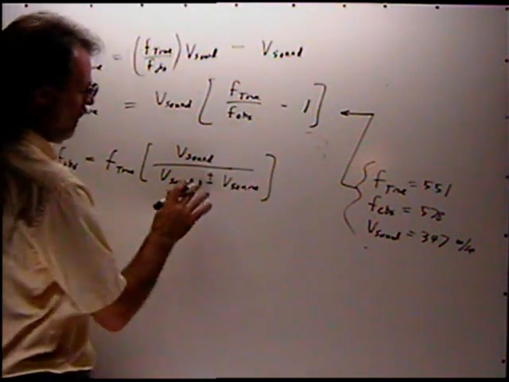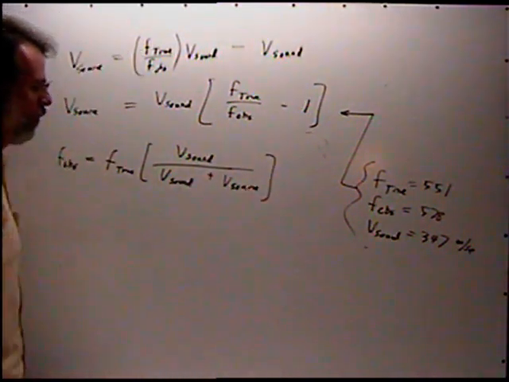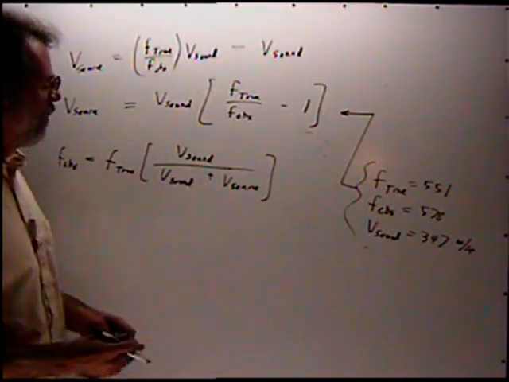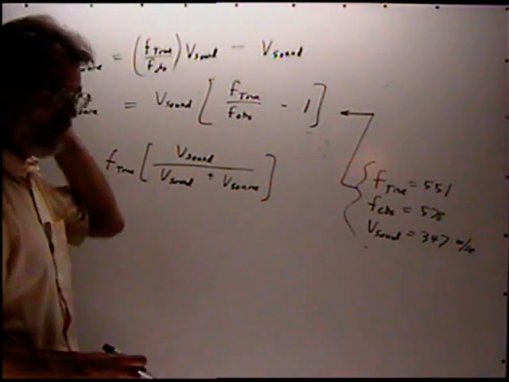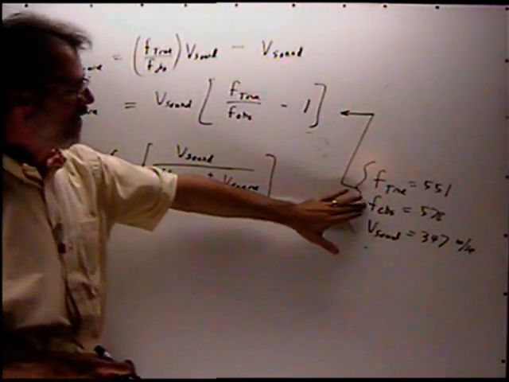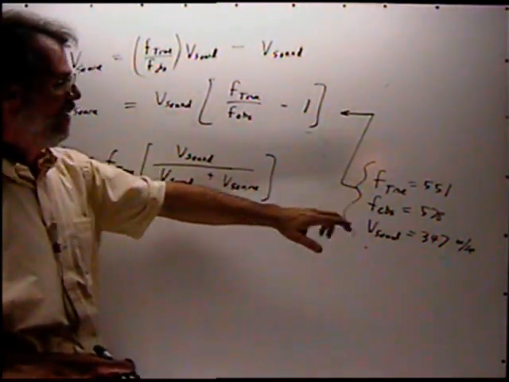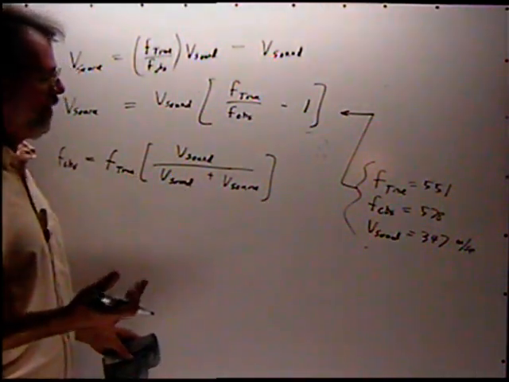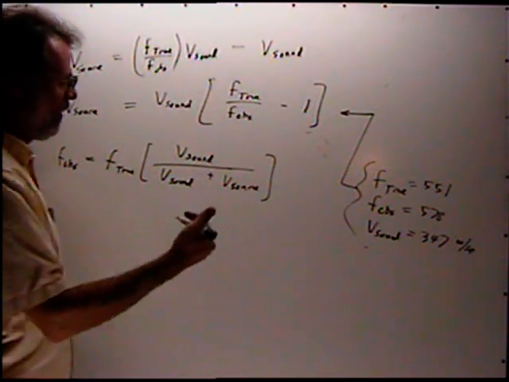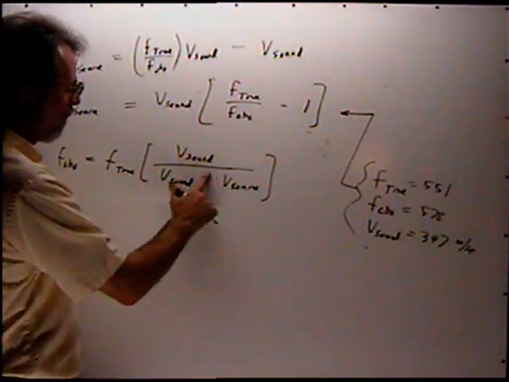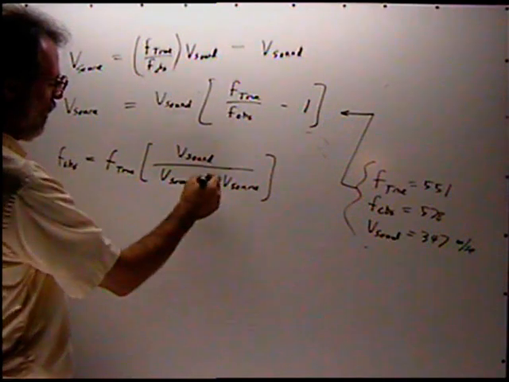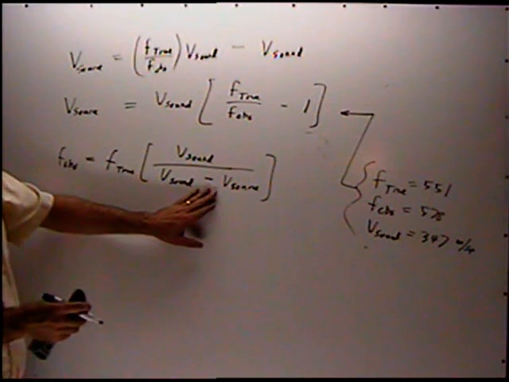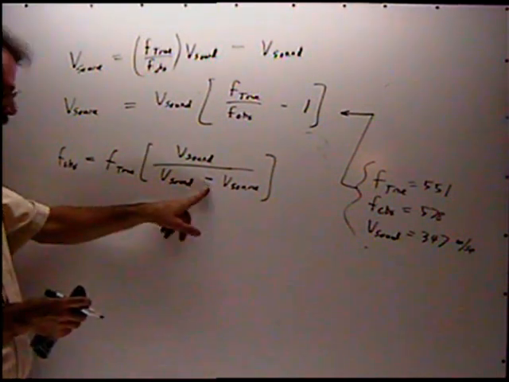Now, I think the last time I used a plus. Well, notice, I think I used the wrong sign here. If what you hear is higher than what it normally is, then that means this number here needs to be a minus in order to make the denominator smaller.